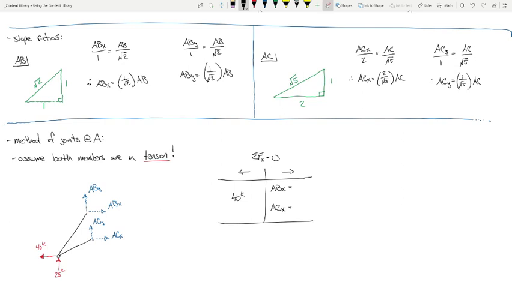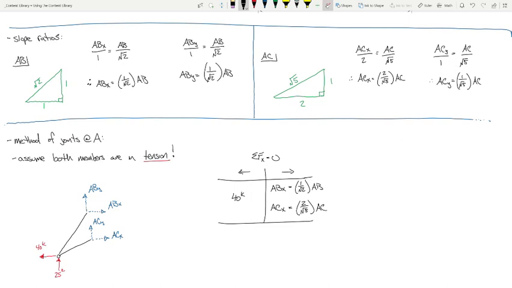See, I have a new expression for this. Instead of ABX, I'm going to write 1 over the square root of 2 AB. Instead of ACX, I'm going to write 2 over the square root of 5 AC. So you starting to see where these came in? I'm substituting. I'm writing in terms of my real unknowns. See, my actual unknowns with the members are AB and AC.